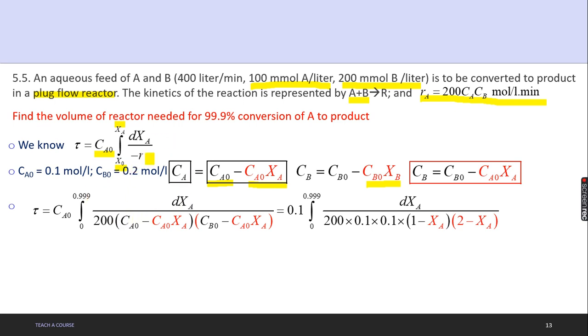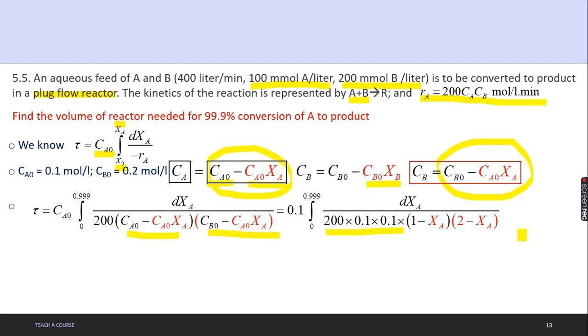Now minus Ra is 200 times Ca times Cb, and we just substitute these two expressions. Cb0 and Ca0 values are known anyway, so I can factor out Ca0, 0.1, and similarly Cb0, 0.1. Now this will become 1 minus Xa and this will become 2 minus Xa, because Cb0 is twice Ca0. That is simple arithmetic.